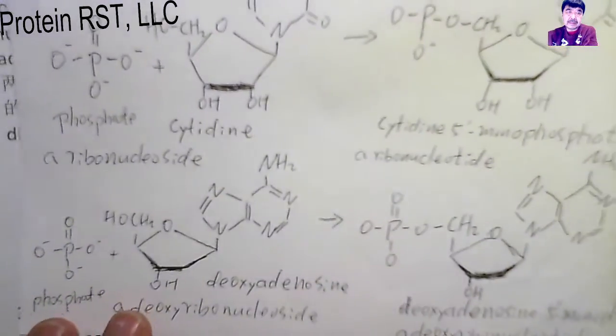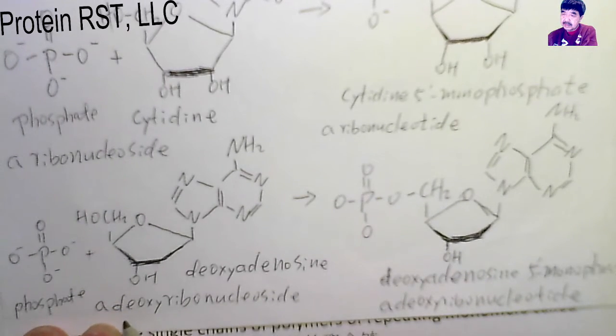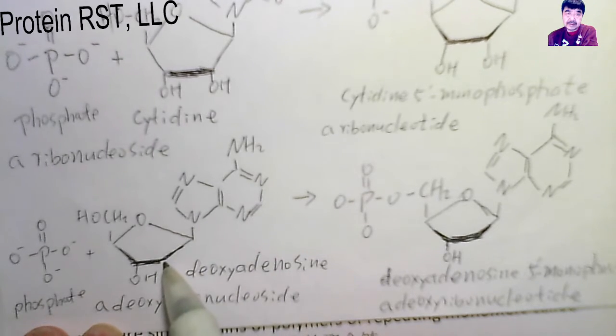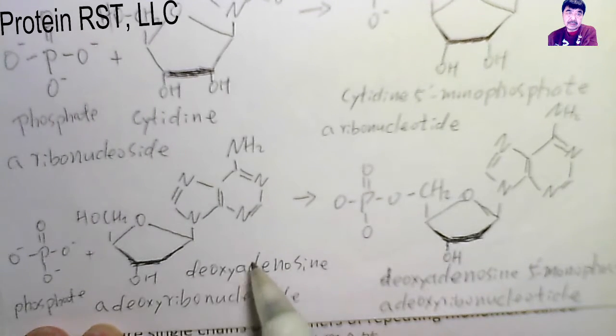This is another example. This is a deoxyribonucleoside. You can see this base here. This is the sugar, with no hydroxy group at the C2 position, which is called deoxy.